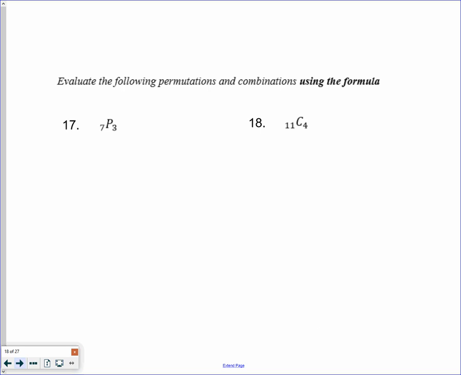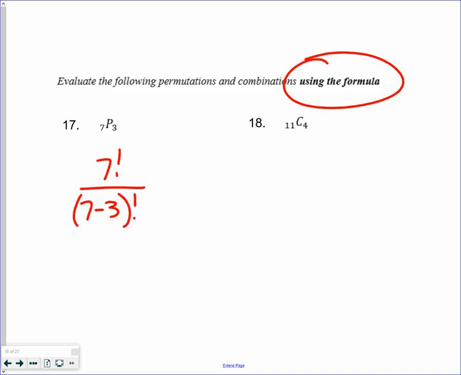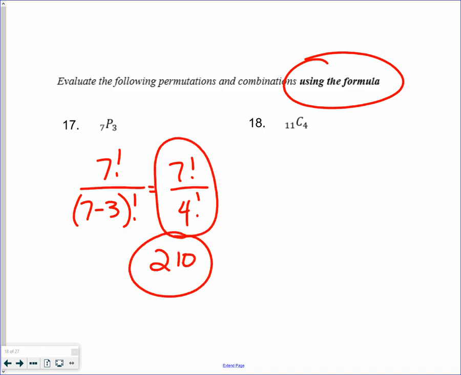Evaluate, and I am going to make you show your work using the formula right there. So you will not have to memorize the formula, but you're talking about n factorial over n minus r factorial. This is all I am requiring that you show in my class. Okay, so I need to at least see that you understand how to put it into the formula.